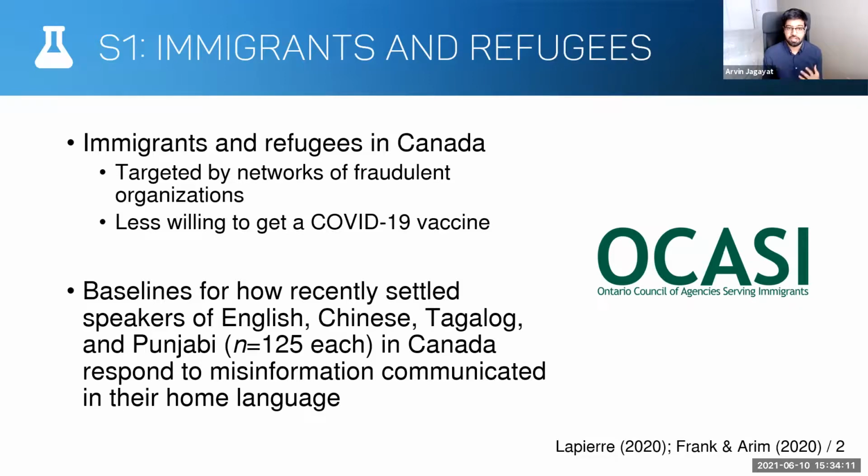So we're getting 125 people who speak English, Chinese, Tagalog, and Punjabi as their first language in Canada, and giving them a whole bunch of regular innocuous news and misinformation, and seeing what the rates of interacting with misinformation are in these various communities, so that we can then go a step further later and develop some sort of misinformation intervention that is particular to the kinds of misinformation that those communities are vulnerable to.